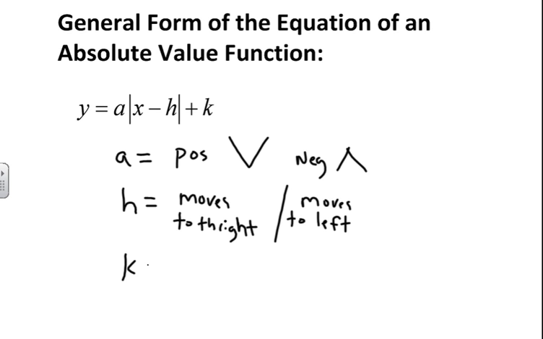K moves up or down. If K is positive, the vertex moves up.